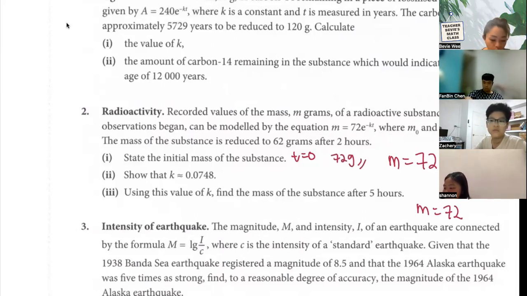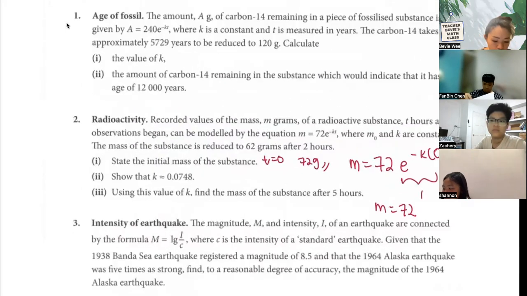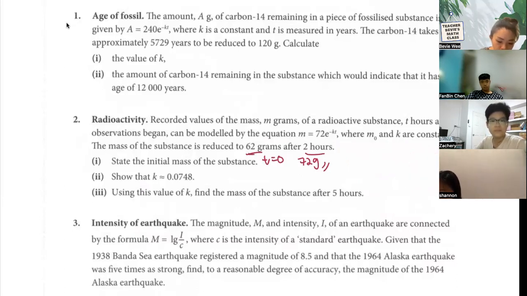Okay, can you all try part 2? Because we already subbed in a 0, we realize that the K is eliminated, so that one won't help us to find the value of K. We are going to use what is given, which is 62 grams after 2 hours.